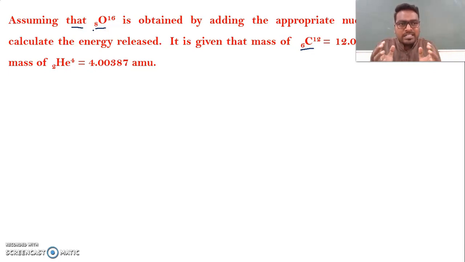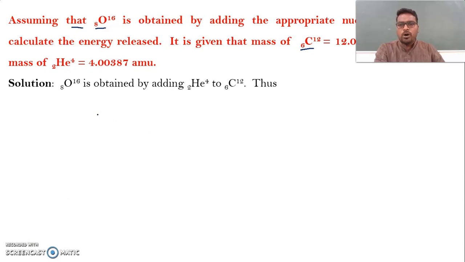So first write that nuclear reaction. The nuclear reaction is: oxygen 16 is obtained by adding helium to carbon 12.